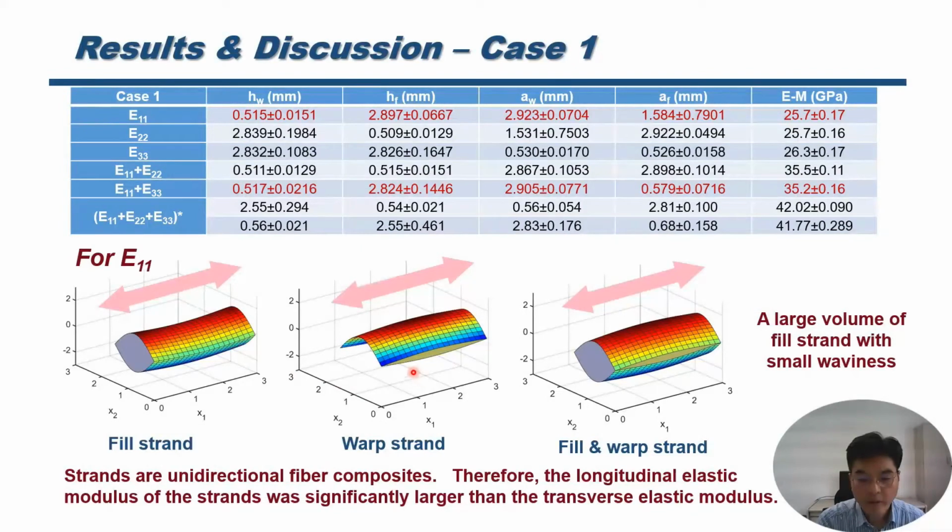For web strand, the fibers are aligned along this direction, so this one is the transverse direction of the E11 direction. So it's better to have small volumes of web strand to increase the E11 in unit volume, so that you have this kind of structure. So the total structure will be like this.